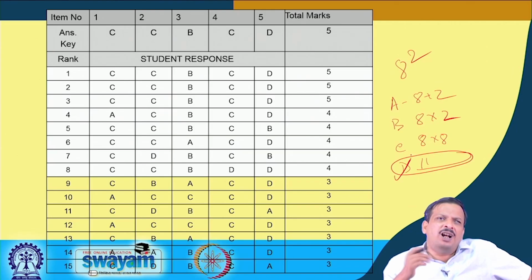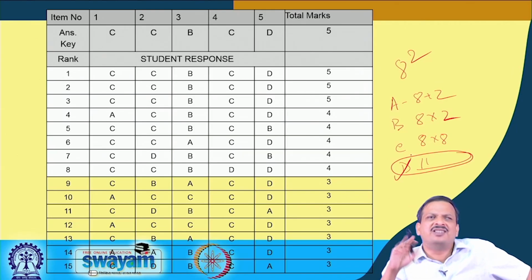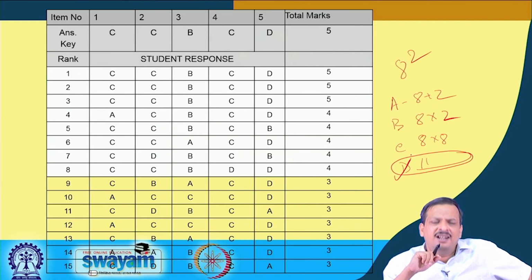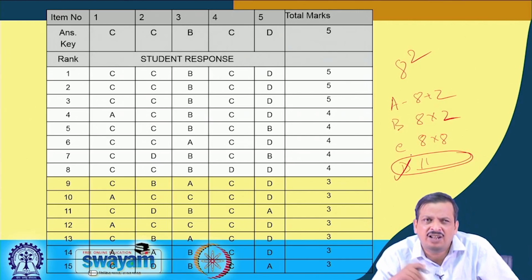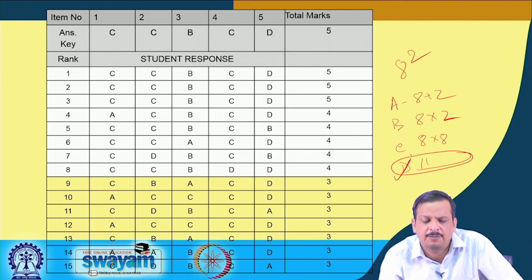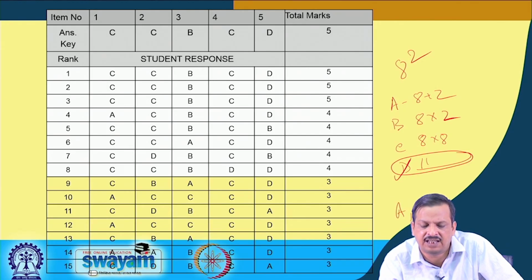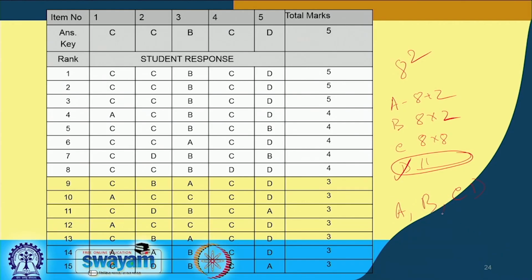Now, I have designed it, and on the other side, if I give a question with choices A, B, C, D, let us say 4 choices, and C is the correct answer, then what is the function of A, B and D?